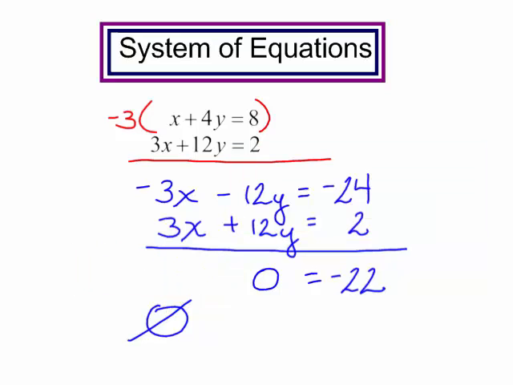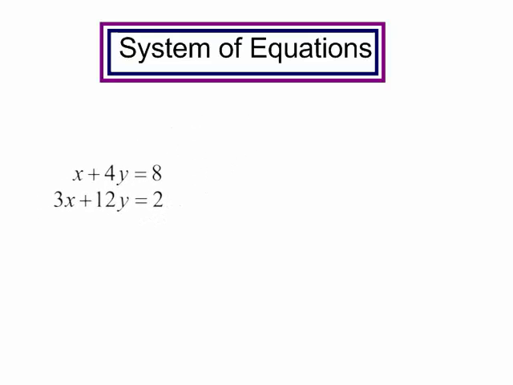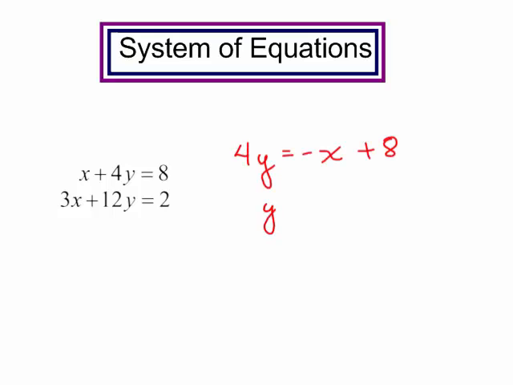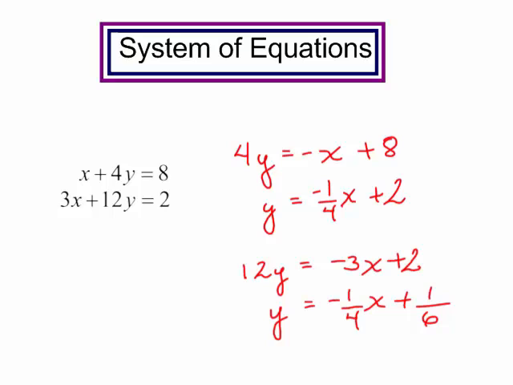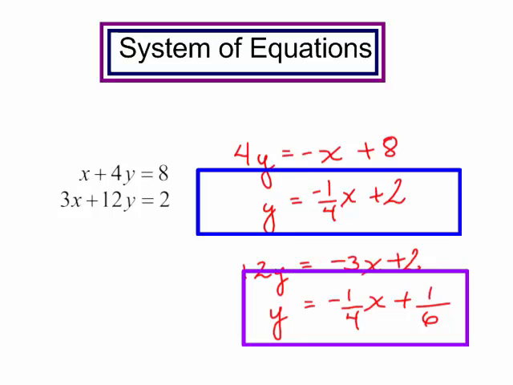Let's graph this. In order to graph this with my calculator, I will need to solve both of these equations for y. The first equation, divide everything by 4. And now the second equation, divide everything by 12. Let's look at these equations. The slope of both lines is negative 1/4.